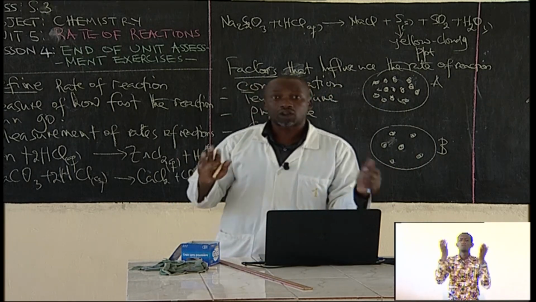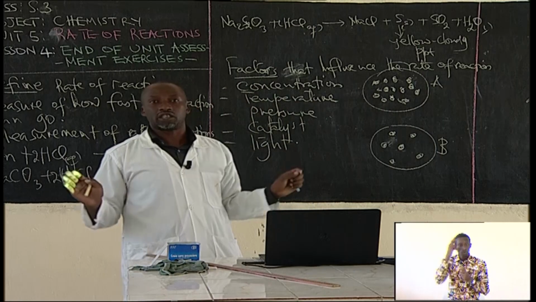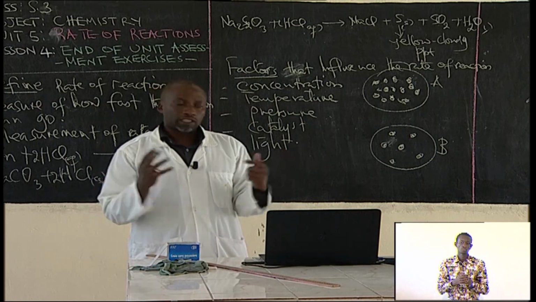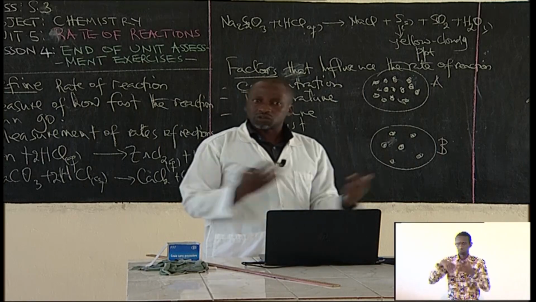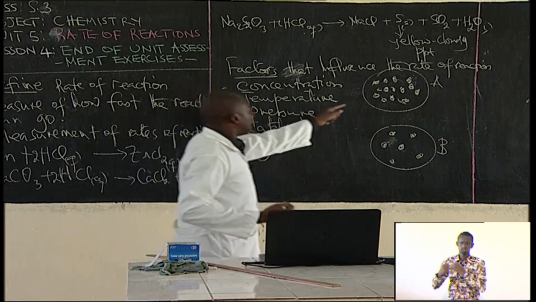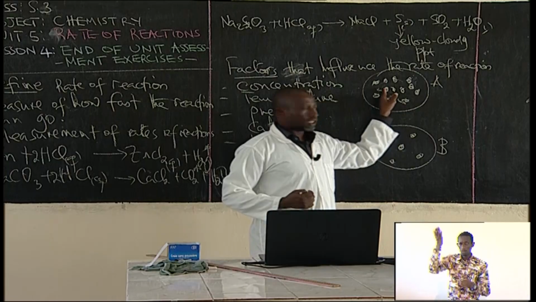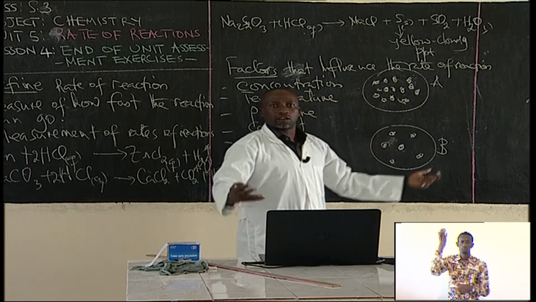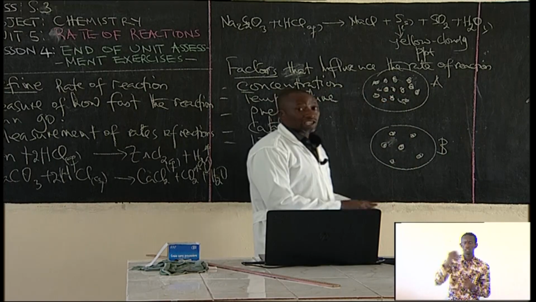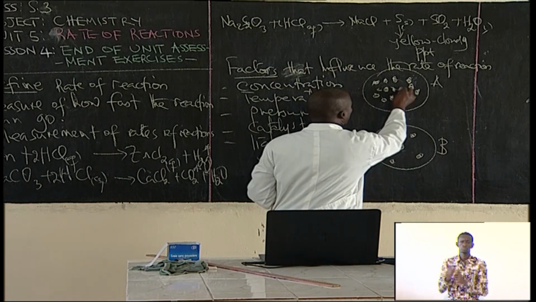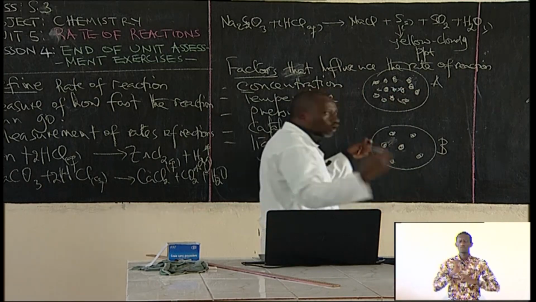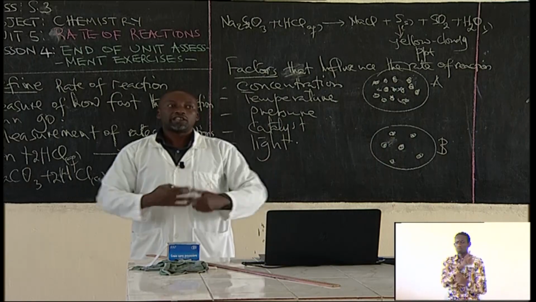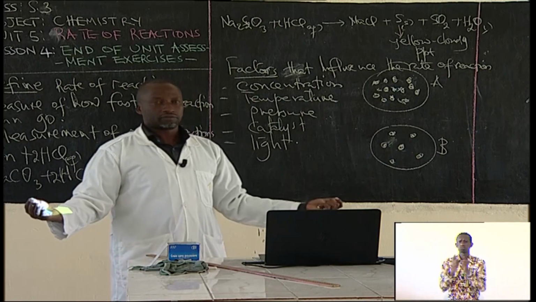If you remember very well, I said reactions take place by chance. Particles colliding with each other, particles hitting each other. So here, there are more chances that these particles, because they are in random motion, are likely to meet and collide. So as they collide, the reaction takes place.